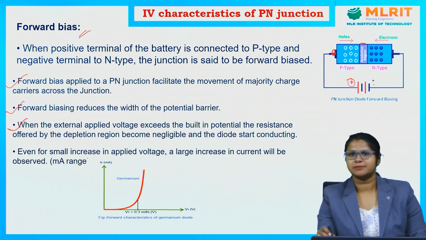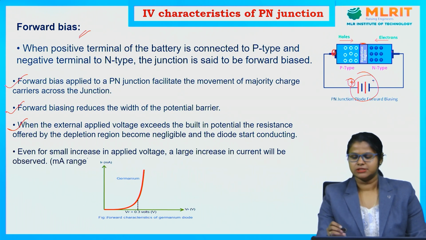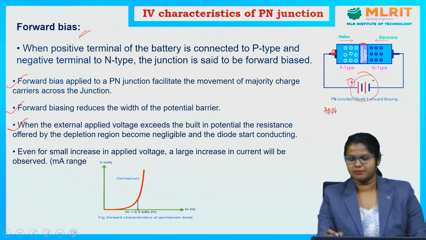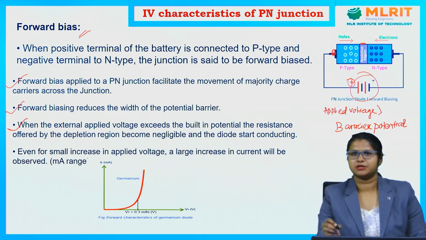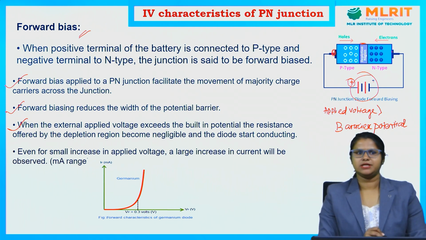So when we give some external voltage to this PN junction and the applied voltage is greater than the barrier potential, the width of the depletion layer will be reduced because of the flow of the majority charge carriers.